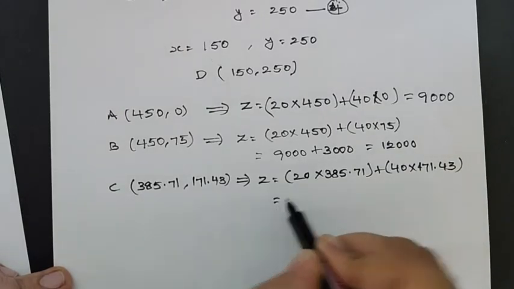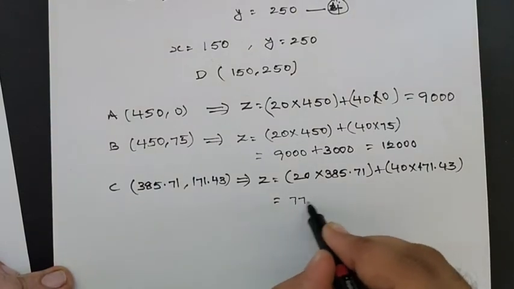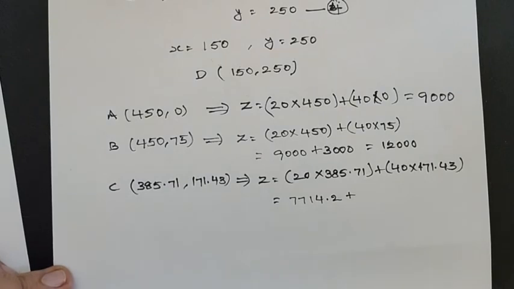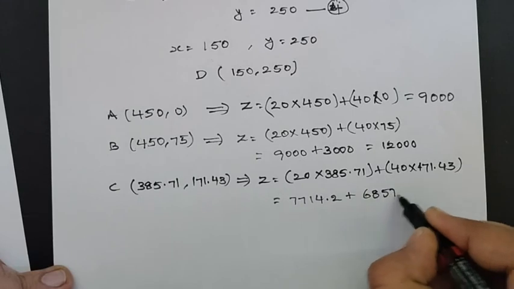So substitute that, then you will get, first 20 into 385.71, you will get 7714.2, plus 40 into 171.43, it is equals to 6857.2.